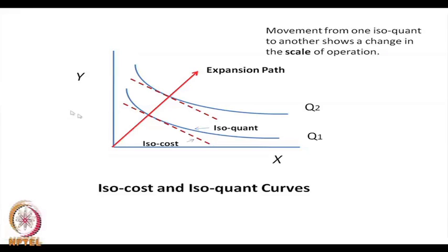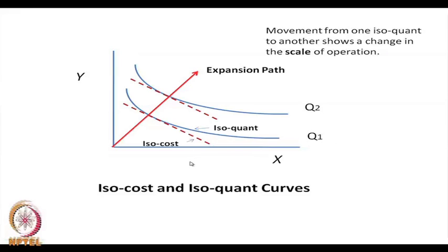As before, we have the input x here and the second input y here. This is the isoquant curve for quantity q1. This is isoquant curve for quantity q2, and we are assuming that q2 is higher than q1.